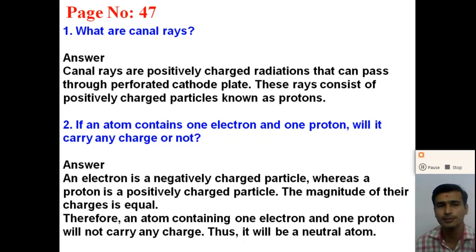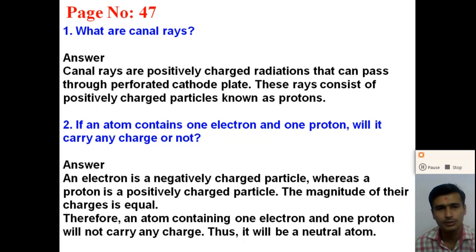These rays consist of positively charged particles, later known as protons. So canal rays are nothing but positively charged particles known as the proton.